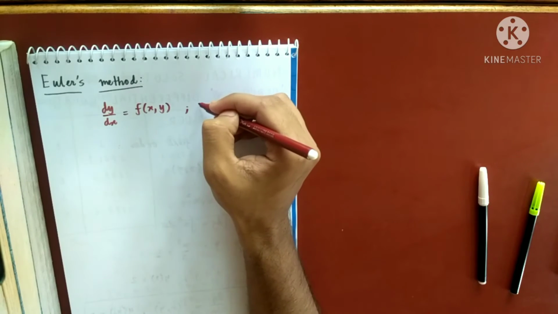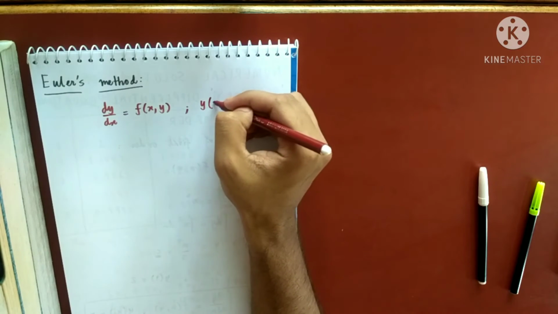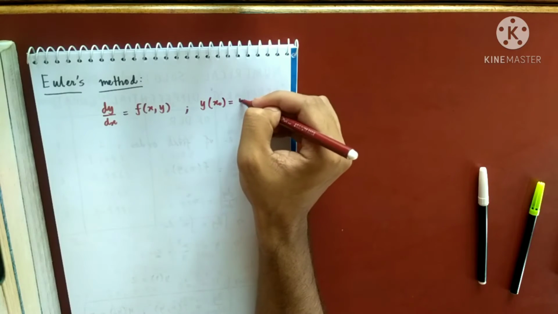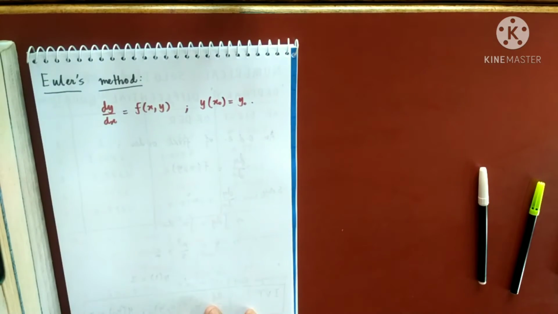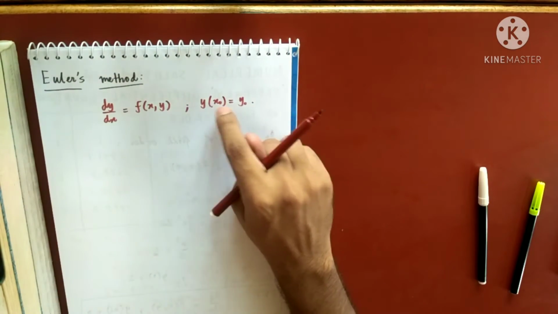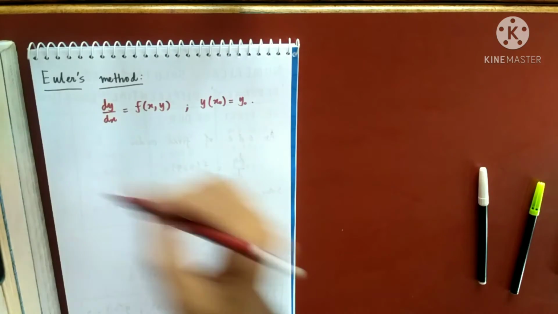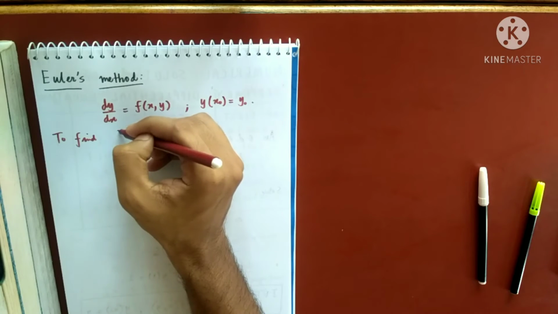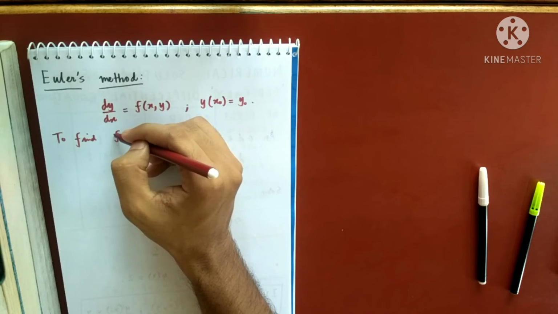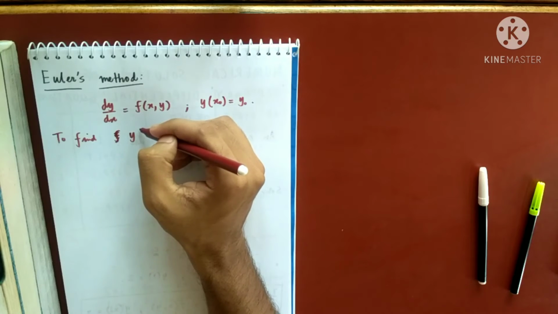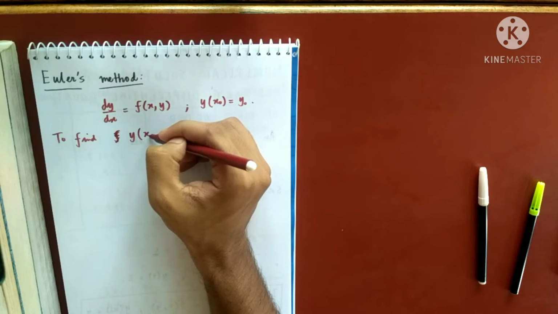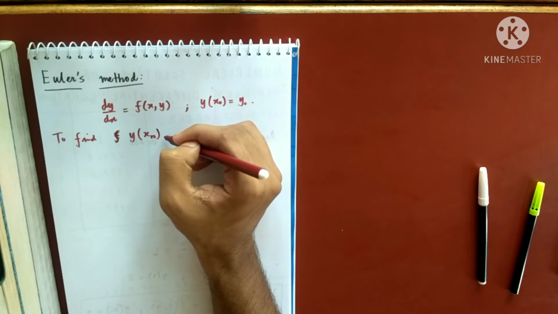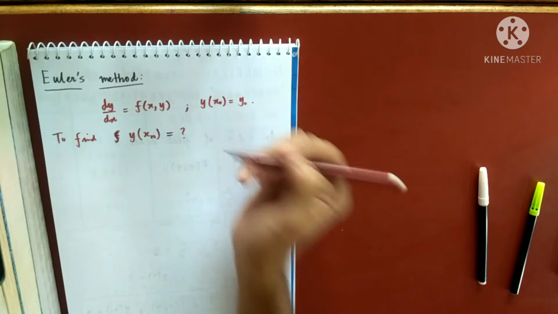Suppose this much will be given to you: y at some point is known. You want to find y at some number xn. You want to find the value of this.